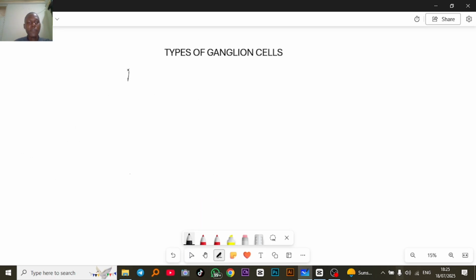So we have what we call P cells. This is a type of ganglion cells. We have what we call M cells. We have K cells. And in this same bracket, we have what we call melanopsin.